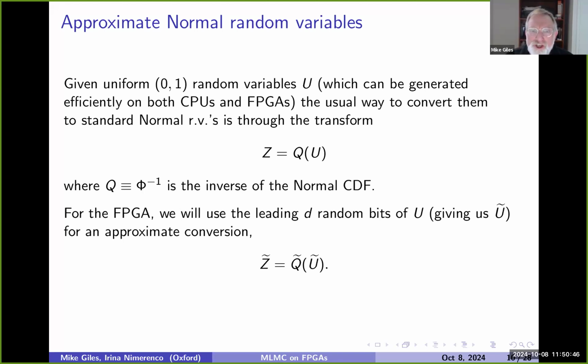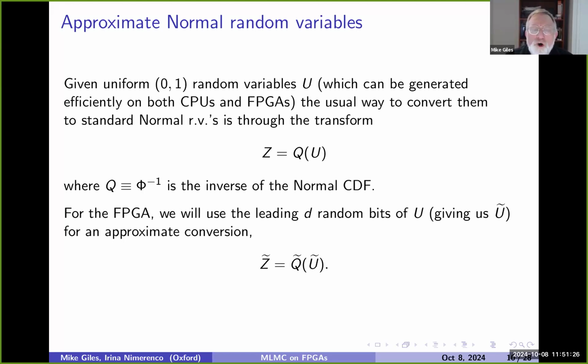Then these days, the usual way of converting from uniforms to a normal random variable is through the quantile function, z equals Q(u), where Q is the inverse of the normal CDF. Longer ago, other techniques were used, like ziggurat and the polar method. But these days, most of the fast implementations approximate the inverse of the normal CDF. So on the FPGA, we're going to do that.